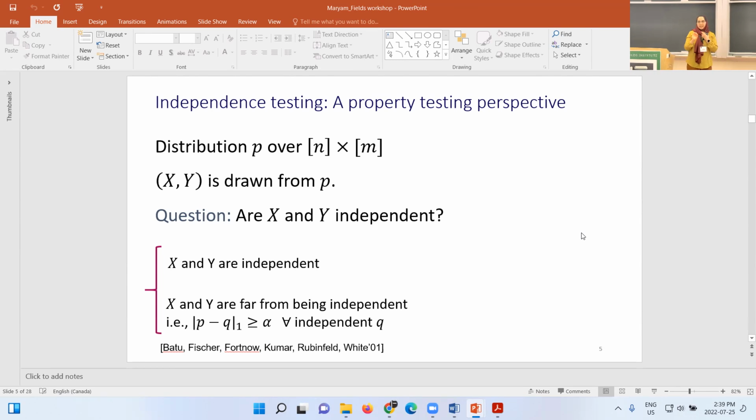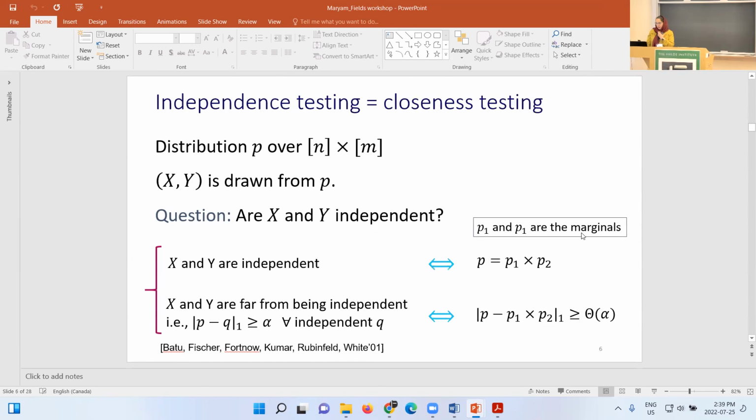Think of it as epsilon close to some independent distribution, it is okay for us to declare it as an independent pair.